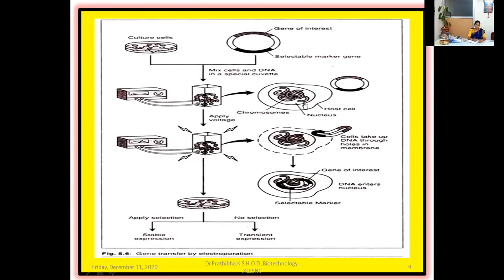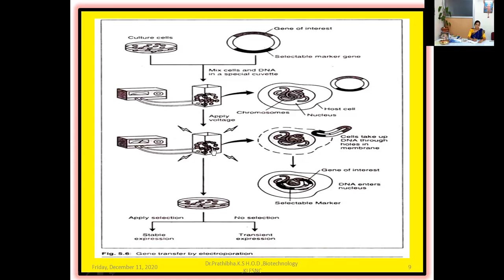This is the chromosome, and this is the nucleus, and this is the host cell, and this is our DNA molecule. When you put the voltage at this transient, temporary condition, you can see the micropores. Microplasma pores can be seen here. Once the pores are formed, immediately these cells will take up the DNA. The cells take up DNA through the micropores in the membrane.